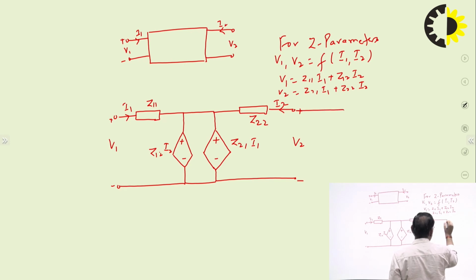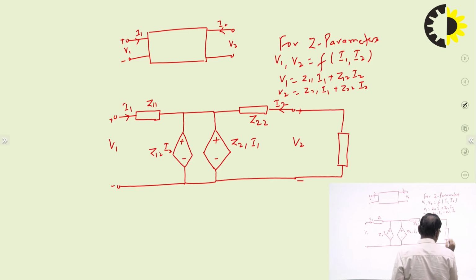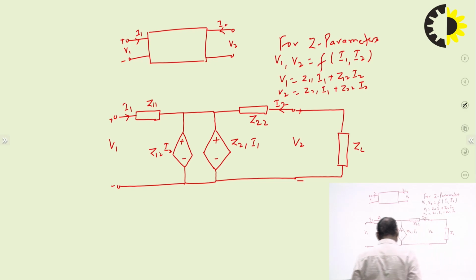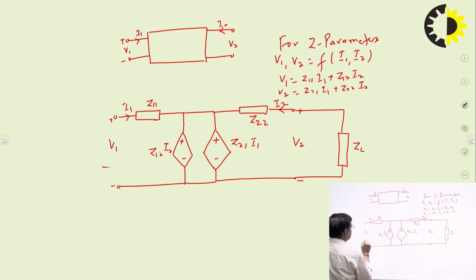Suppose this is terminated by this load. This is your ZL. This is terminated by ZL. And suppose you want to find the Zi1 when the load is terminated, and Zi1 is V1 upon I1.